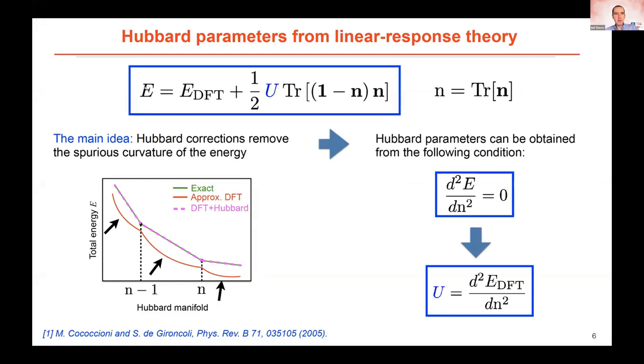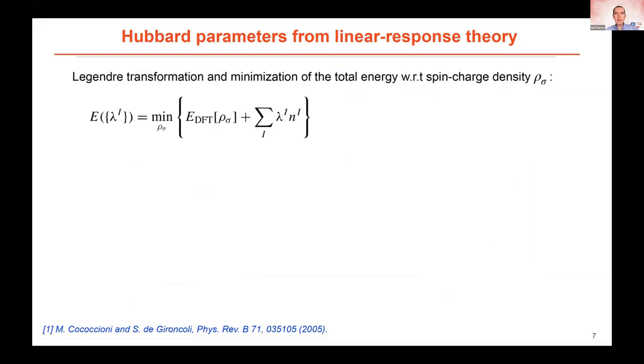You take the expression for energy at the top of the slide, you compute the second derivative with respect to n, and you will find that U is equal to the second derivative of the DFT total energy. It's very simple. But then how to use it in practice? It's a bit more tricky.